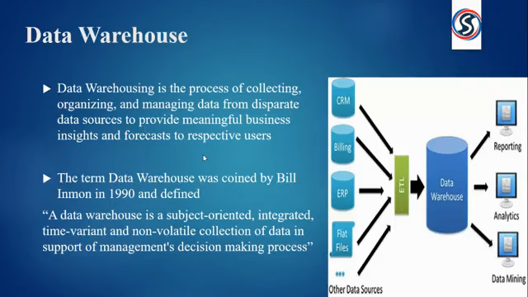If I talk about the features of this data warehouse, it is a system that stores big data, and it is used to store and manage a large amount of information about the business operation, and the aim of this warehouse is to provide fast access to the most relevant information for decision making. It can be created using a relational database management system, that is your RDBMS, or you can say OLAP.